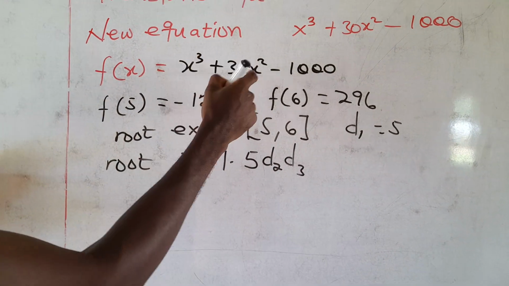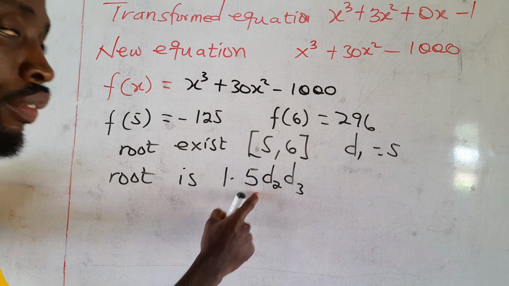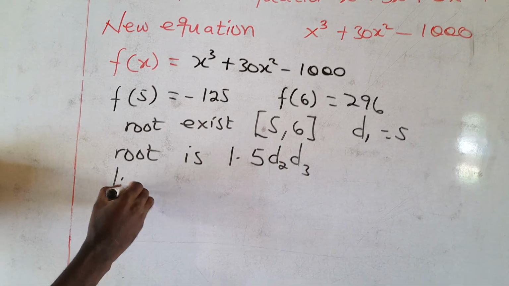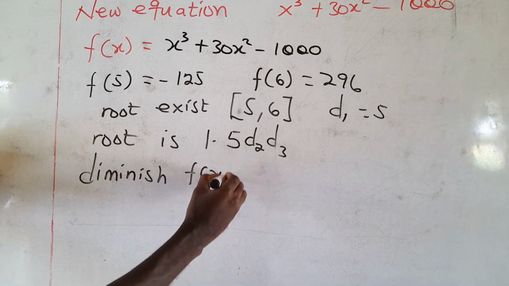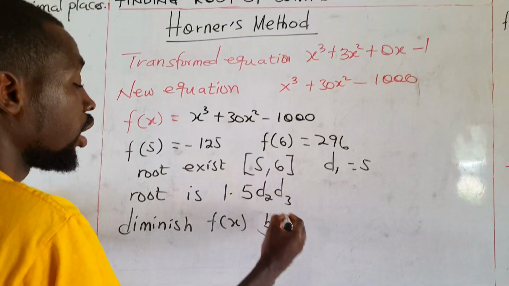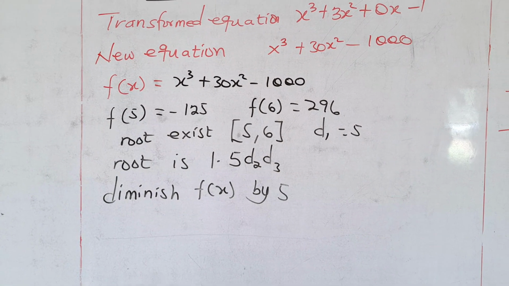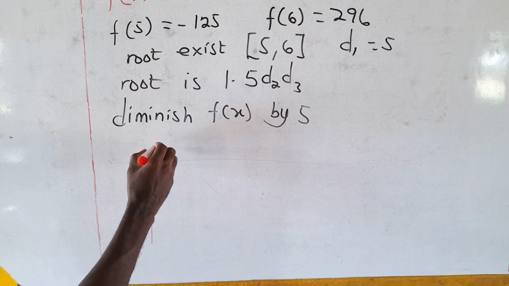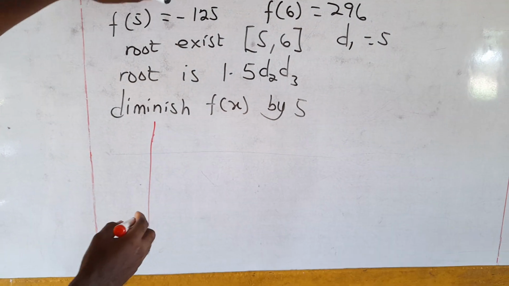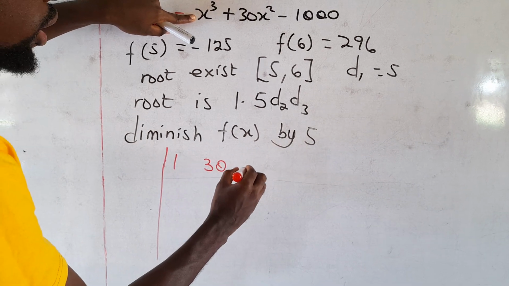So now we'll diminish this equation again by 5. So we'll diminish f of x by 5. So how do we diminish? We just form a table and we'll do that. So our table will be like this. We write the coefficients 1, 30.